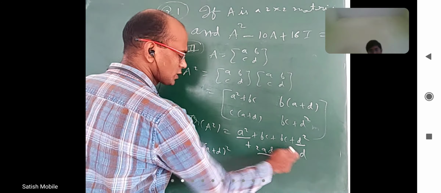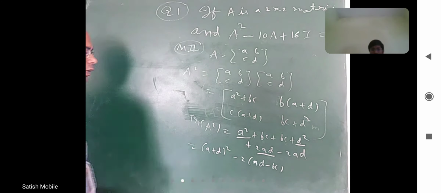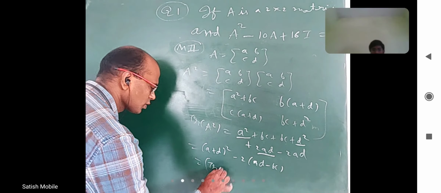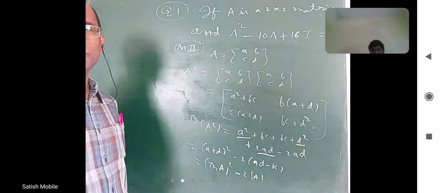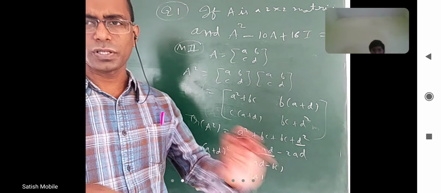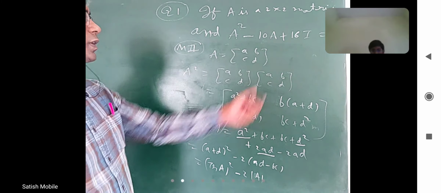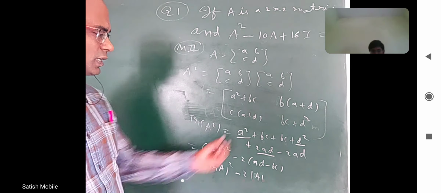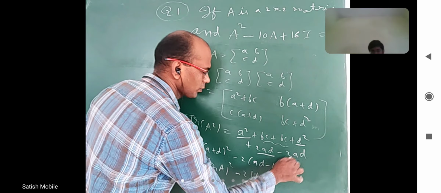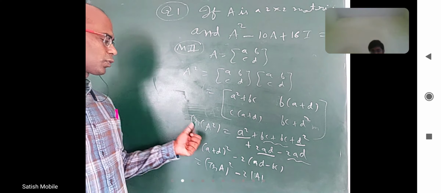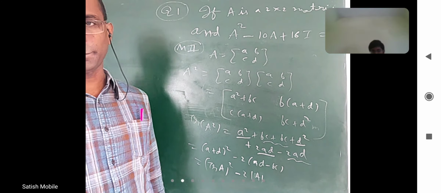This is 2BC, and this together, taking minus 2 common, we will get AD minus BC, which is det of A. So we got trace of A whole square minus 2 times det of A. Without using the characteristic equation and the big things, this is very straightforward, right? We took a simple 2 by 2, found A square, found the trace, added 2AD, subtracted 2AD, combined these things and these things, and we got this. So I proved trace of A square is trace of A whole square minus 2 times det A.